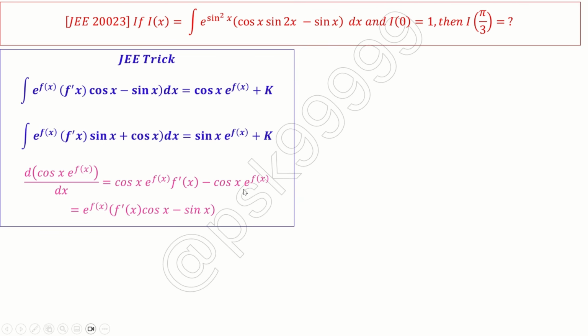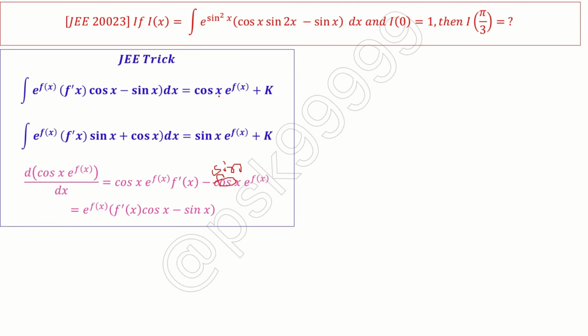Sorry, I made a mistake, it is sin x, because we are differentiating cos x. Now if I take e to the power of f of x common, this is nothing but f dash x into cos x minus sin x, right? So this is what it is.